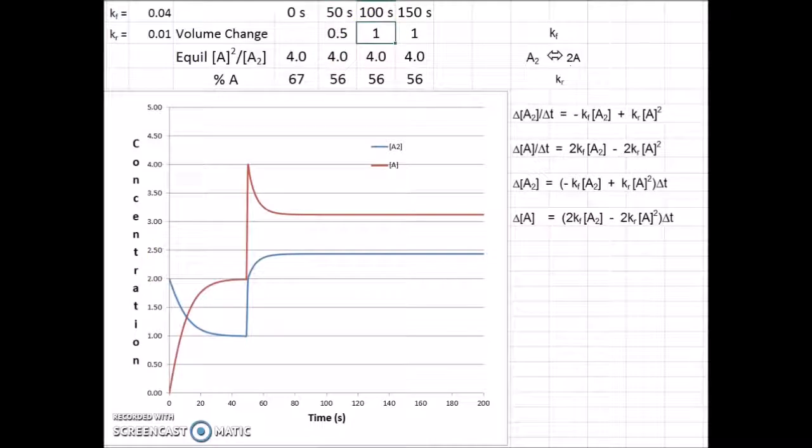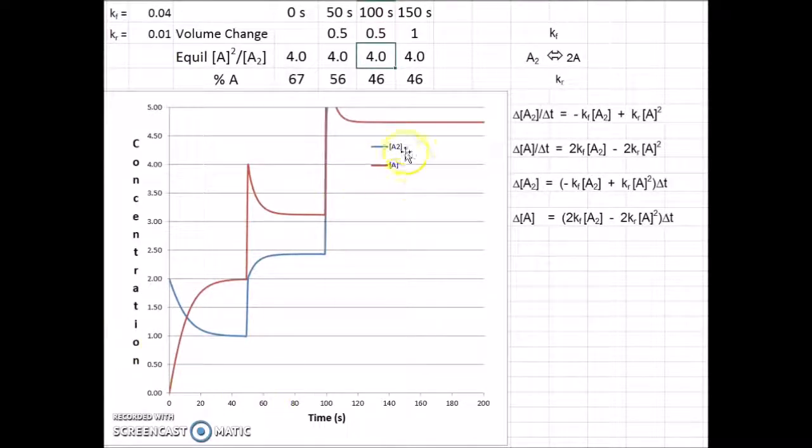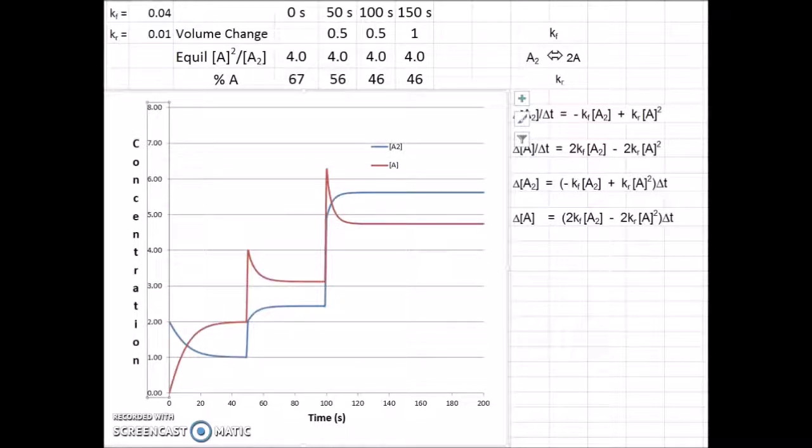Let's make another decrease at 100 seconds. I went a little off scale, but it comes back. Well, it doesn't really. Let me change my scale to 8. Okay. And now, with this higher pressure yet, the percent A is 46%.